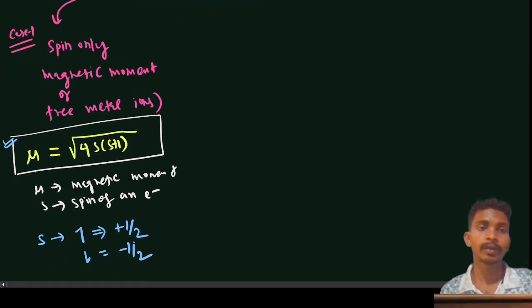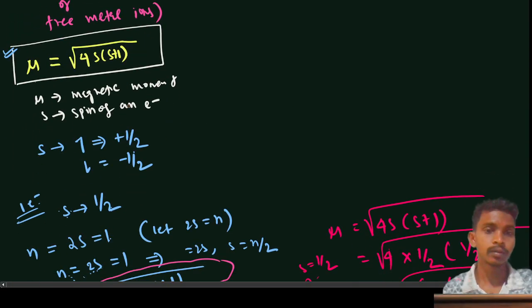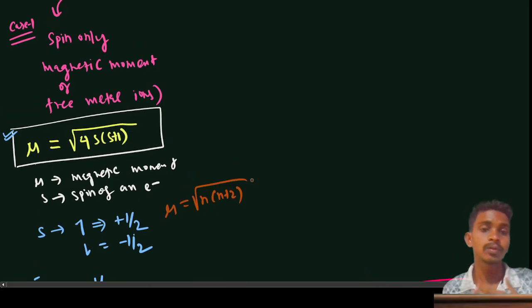So if the spin only magnetic moment is asked, then we use this formula, or we can use the short tricks. Maximum times you will not use the formula, but you know how we have calculated it.